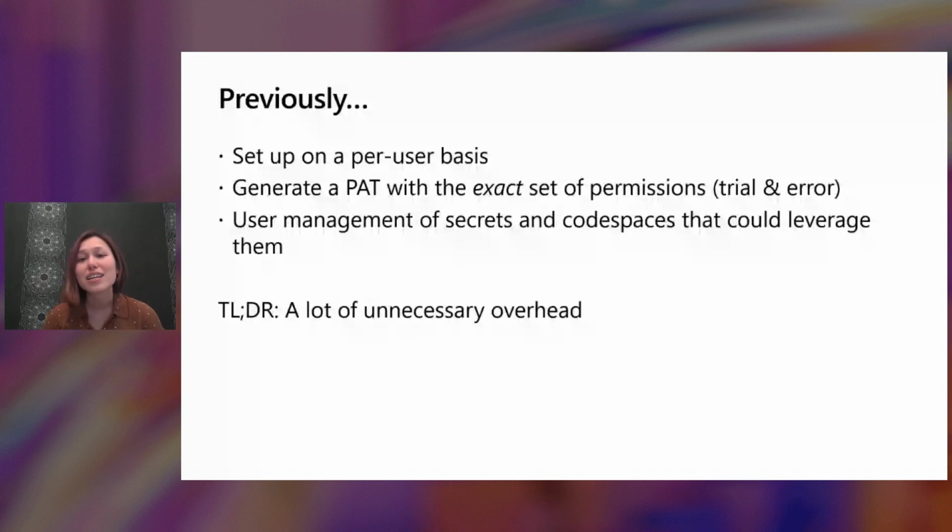It was a ton of unnecessary overhead. And on top of that, then you as our user have to manage your secrets and determine which codespace and which repository can leverage a particular token. It's a lot of permissions to understand, and we just thought there has to be a better way.